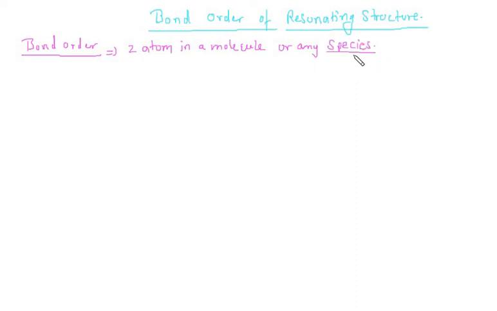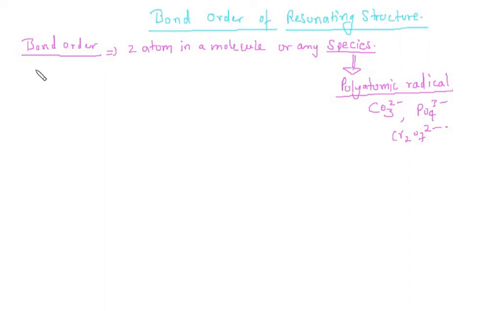This species can be a polyatomic radical. For example, you have CO3 2 minus, PO4 3 minus, Cr2O7 2 minus, all these things.